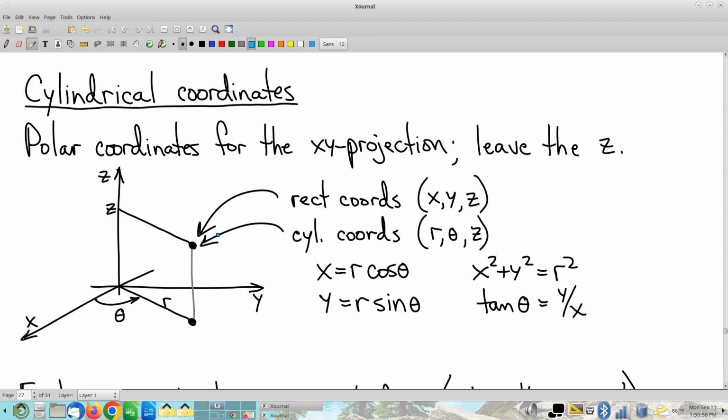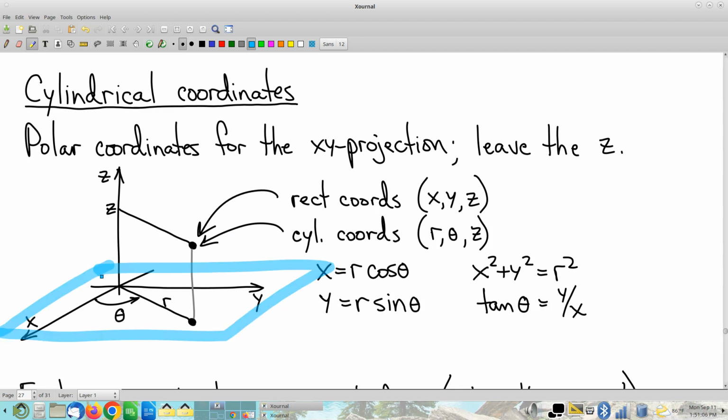So I encourage thinking of this as cylindrical coordinates, but it remains very importantly the case that what we're really talking about is that for the x and the y in 3-space, you just do the usual polar coordinates stuff. It's literally the same as polar coordinates as far as x and y are concerned.